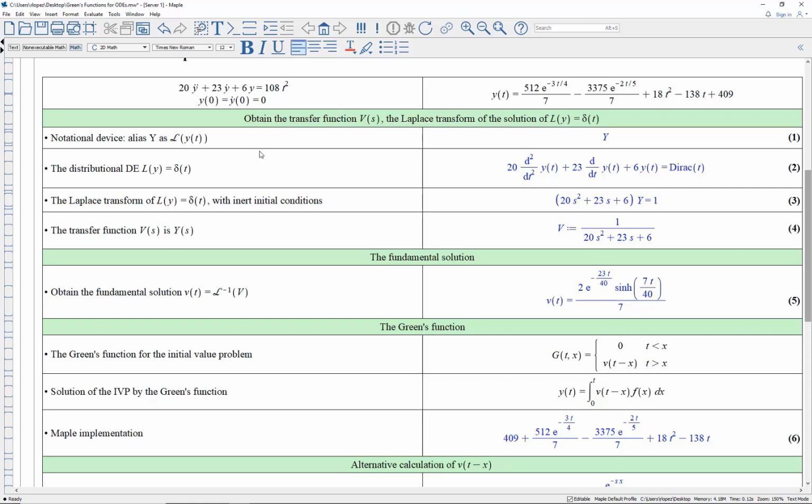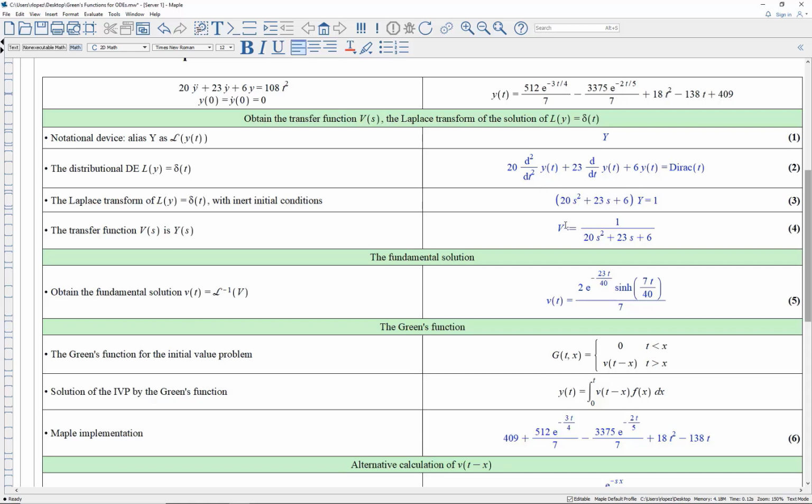Okay, now I want to think in terms of Laplace transform. As a notational device, I alias the transform of y of t to the symbol big Y. This is the echo. And I write the differential equation Ly equals the Dirac delta function. And this is how Maple says Dirac delta. So this is the differential equation that I'm going to take the Laplace transform of.